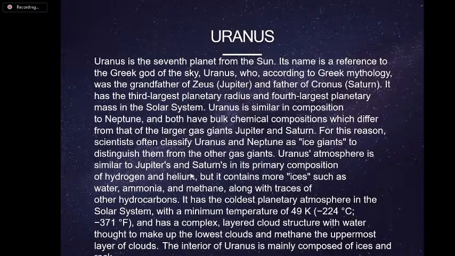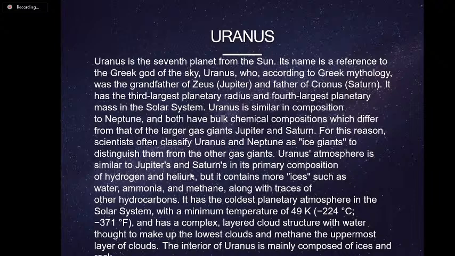Uranus' atmosphere is similar to Jupiter's and Saturn's in its primary composition of hydrogen and helium, but it contains more ices such as water, ammonia, and methane. Along with traces of other hydrocarbons, it has the coldest planetary atmosphere in the solar system, with a minimum temperature of 49 Kelvin, or minus 224 degrees Celsius, or minus 371 degrees Fahrenheit.